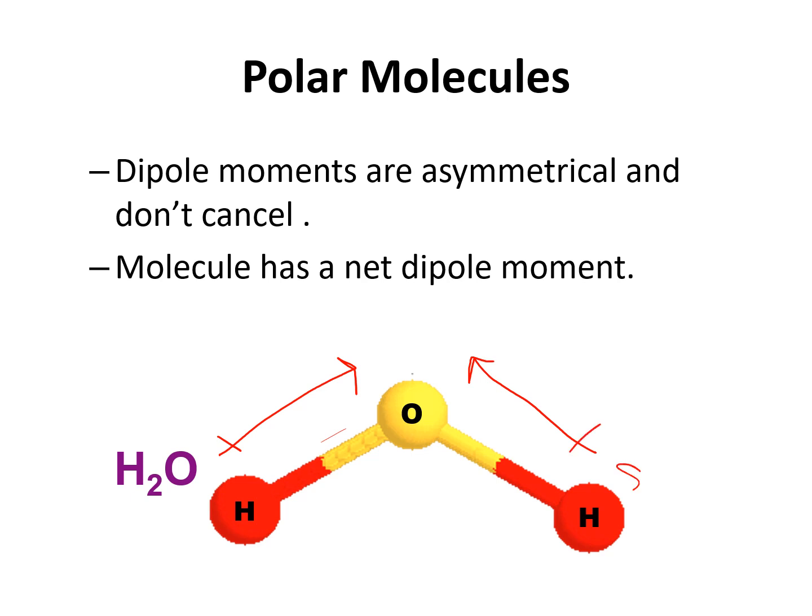So we're going to leave the slightly positive tails on the hydrogens, and we can show this by putting lowercase delta plus, which means partial positive charge, and that means our oxygen is partially negative. It's not an A, it's like an S connected at the end.